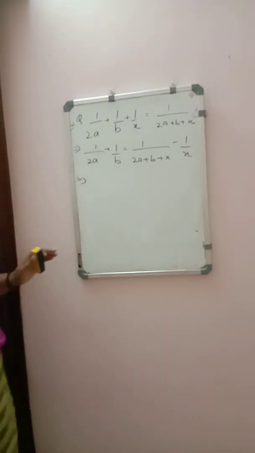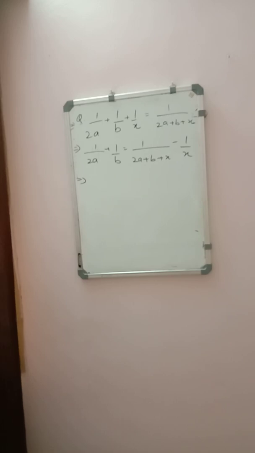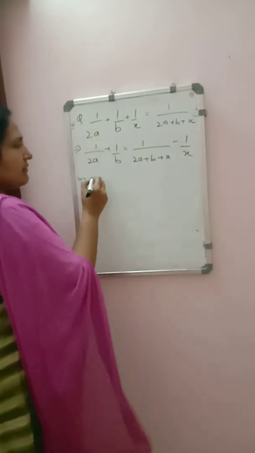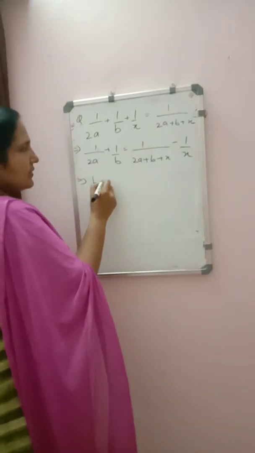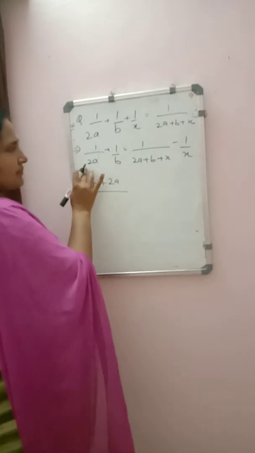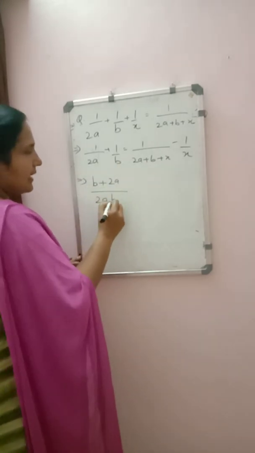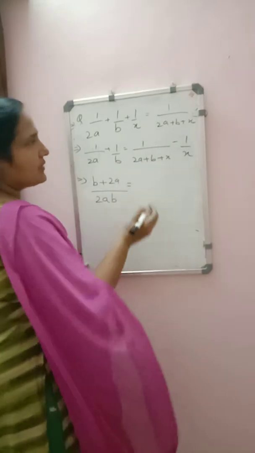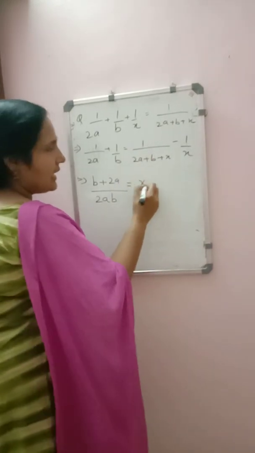Now same method, cross multiplication. So 1 into b will be equal to b plus 2a by, these two also will get multiplied, 2ab equal to x into 1, x.